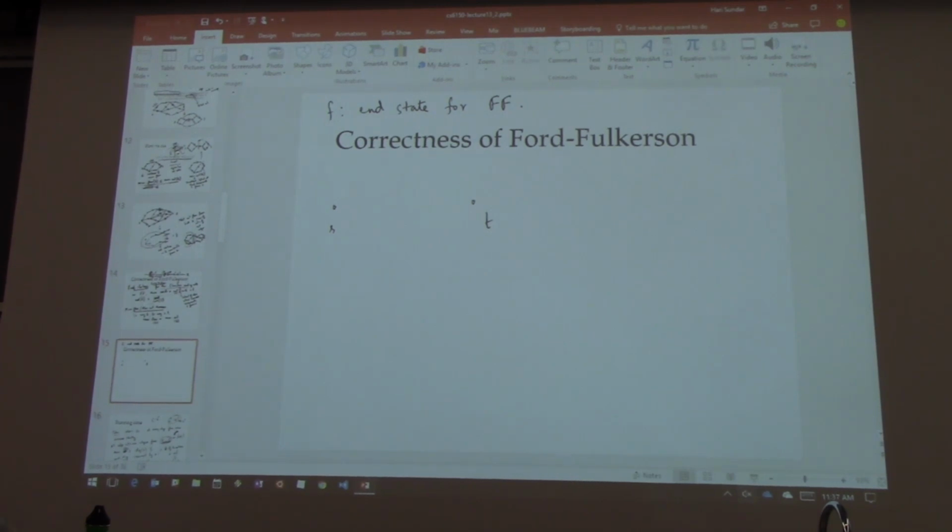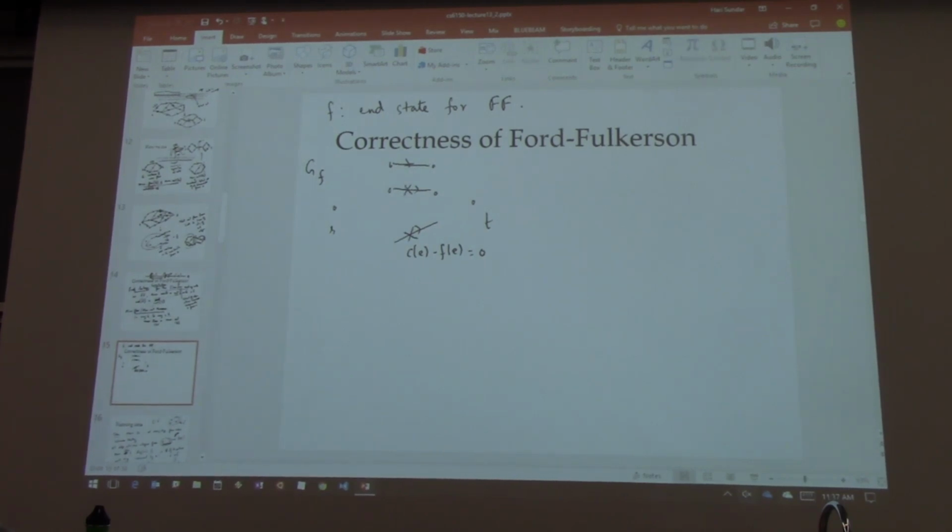Now what we are saying is there is no augmenting path. So if I draw the residual graph G sub F, some edges have capacity 0, so C of E minus F of E is 0. So I remove those edges. You don't literally need to remove them, but think of removing them.